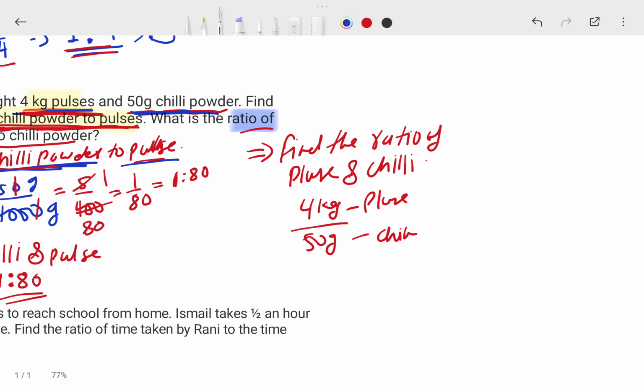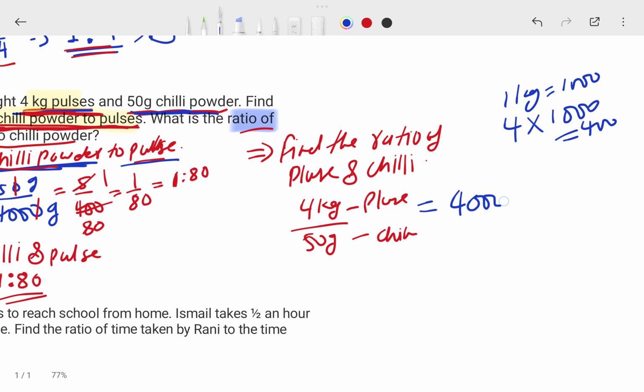We already know that 1 kg equals 1000 grams, so we have to convert kg into grams. Why? Because this is gram and this is kg, so it is not possible otherwise. So that's 4 into 1000, which is 4000 grams, over 50 grams. Here the zeros cancel.